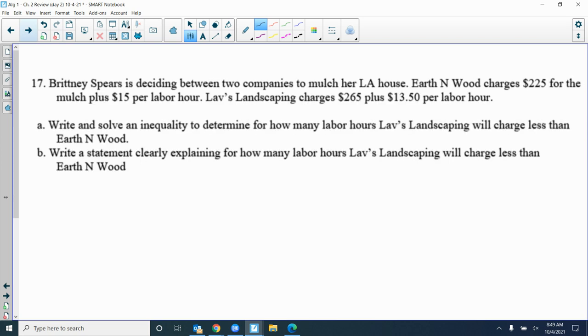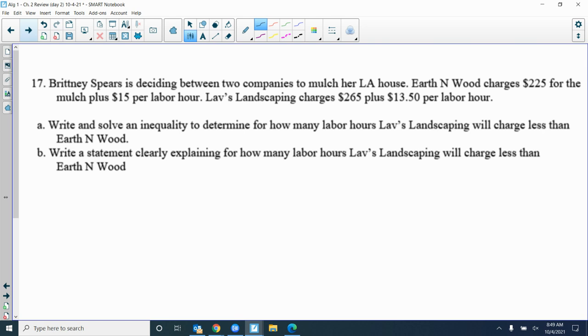All right, 17. Brittany. She's having some money issues here lately, so she's really got to take a look at how much she can spend on her mulch. Okay, she wants the cheapest job. So Brittany is deciding between two companies to mulch her house. Earth and Wood charges $225 for the mulch plus $15 per labor hour.